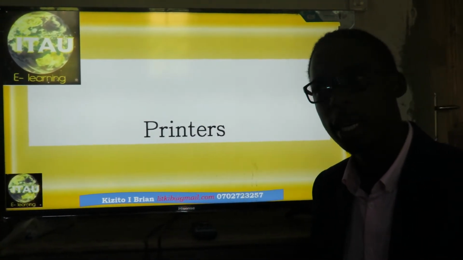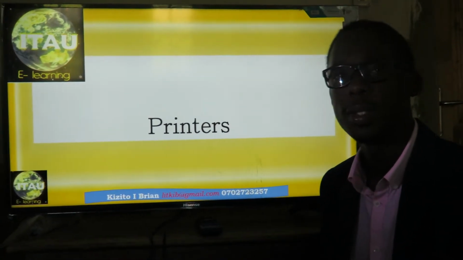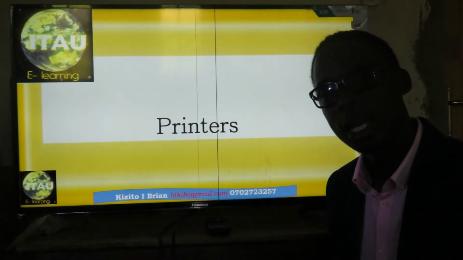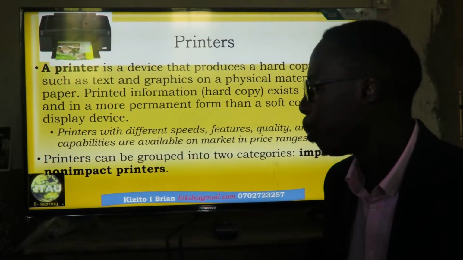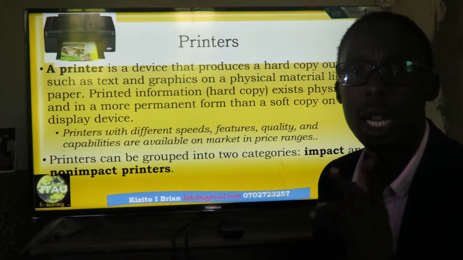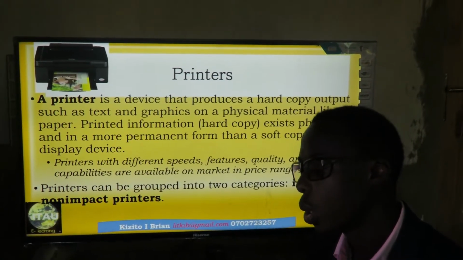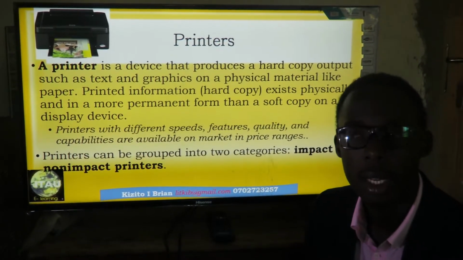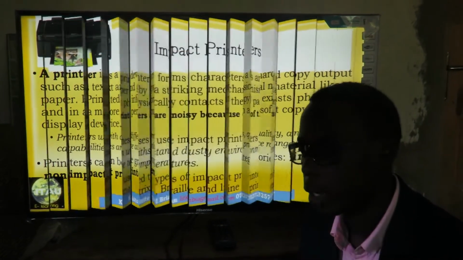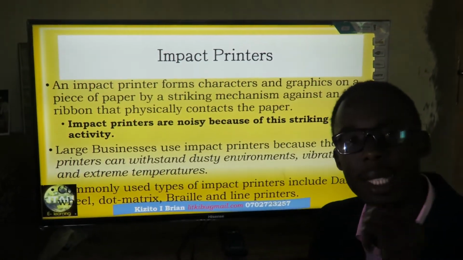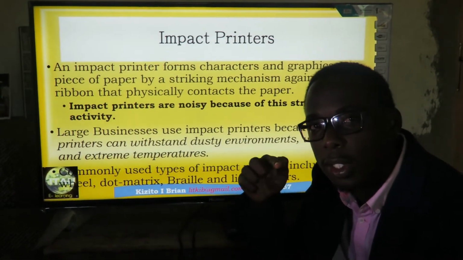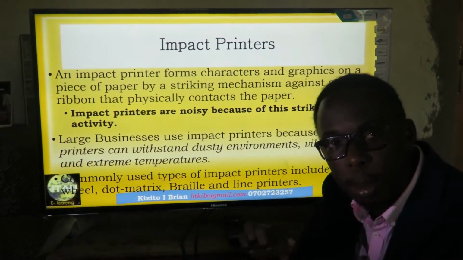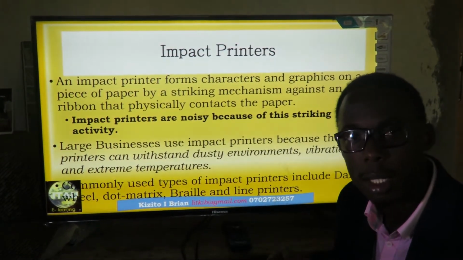Printers. A printer is an output device that produces data in a tangible format, such as paper. Printers are grouped into basically two categories, what you call the impact printers and non-impact printers. Impact printers are printers that produce output by having their print heads physically touching the print medium, the pen touching a paper.